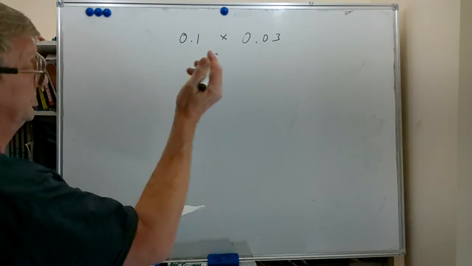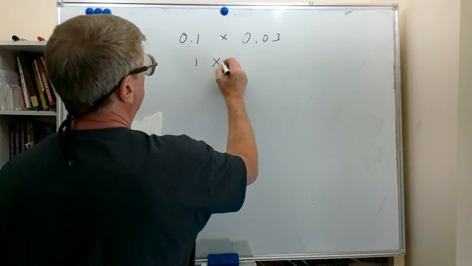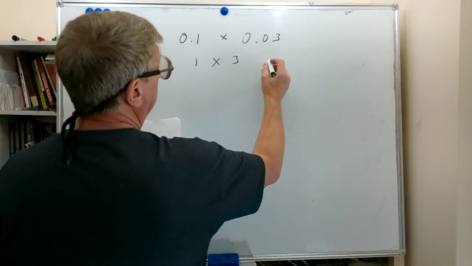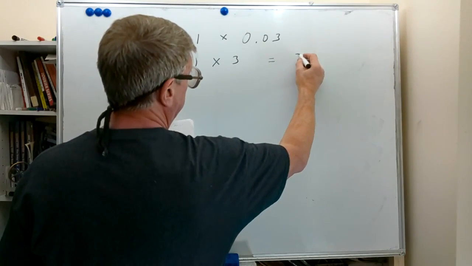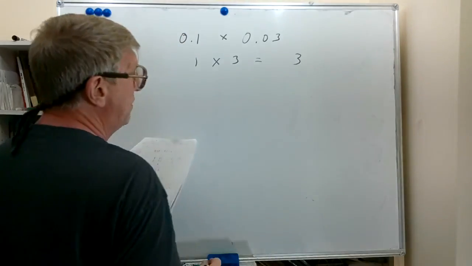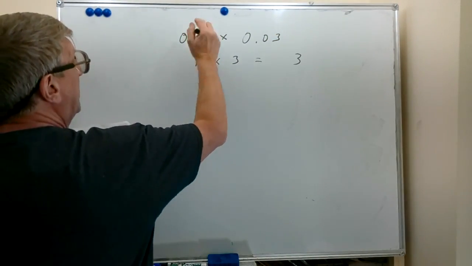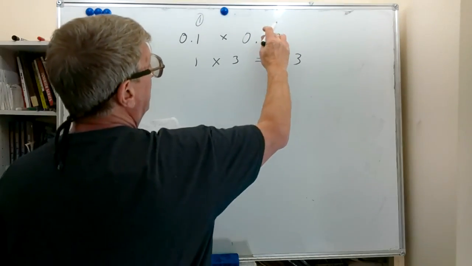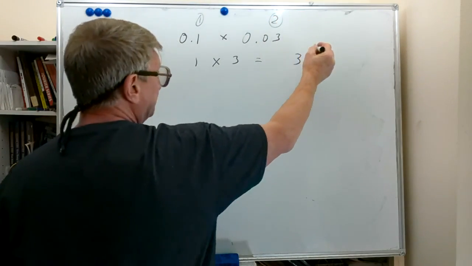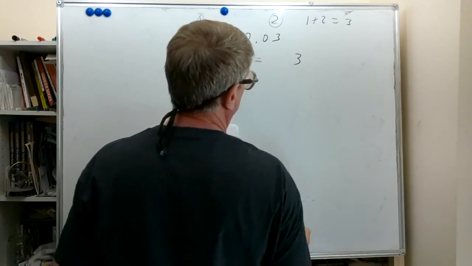Well, for a simple one like this, we're just going to go 1 times 3. That equals 3. And now we're going to count the decimal places up here. We have 1 decimal place there, and we have 2 decimal places there. 1 plus 2 equals 3. So we have 3 decimal places.